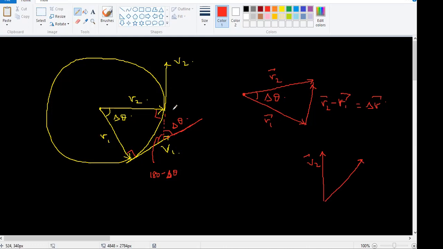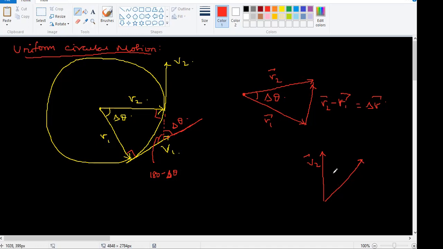Magnitude of velocity: we are talking about uniform circular motion. Since it is uniform circular motion, the velocity is changing, but the speed is remaining constant. That means the magnitude of velocity, the length of the vector, should be drawn the same.